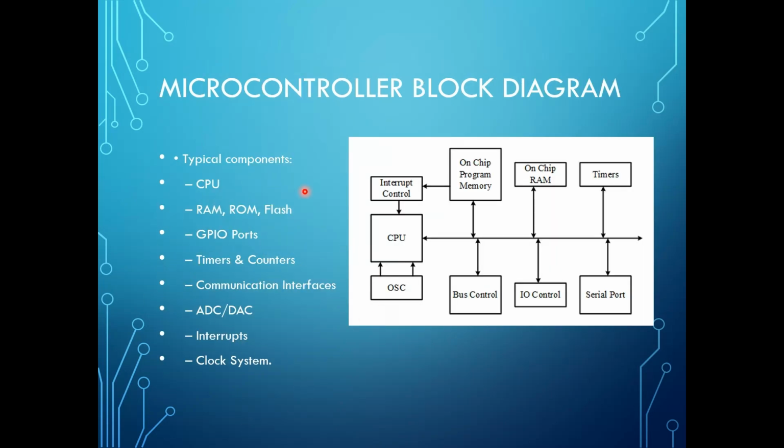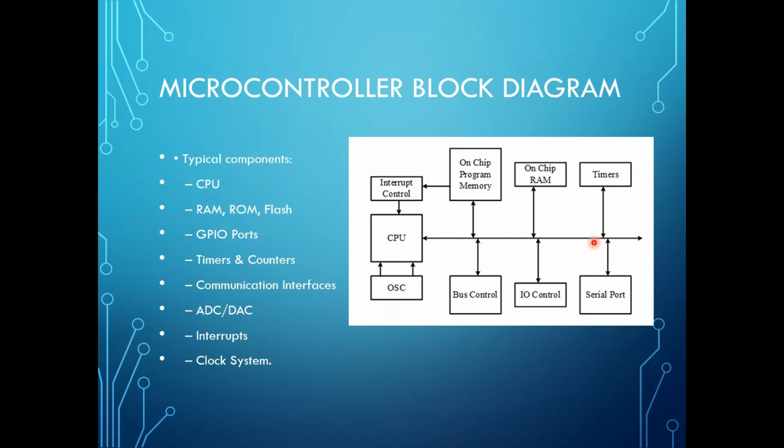Now the internal architecture of the microcontroller. As you can see here, it typically has the components CPU, RAM, ROM, flash, GPIO ports, timers and counters, communication interfaces, ADC and DAC, interrupts, and clock systems.